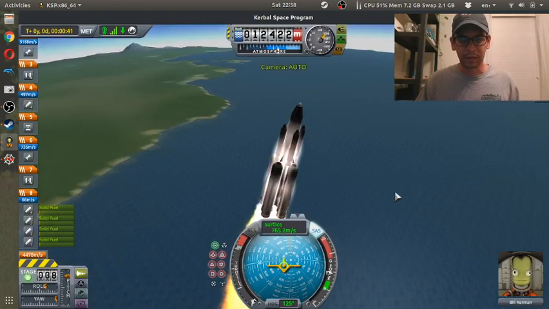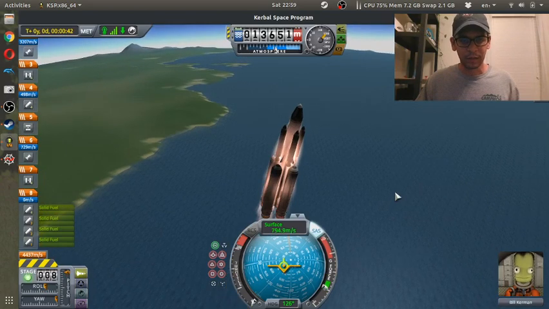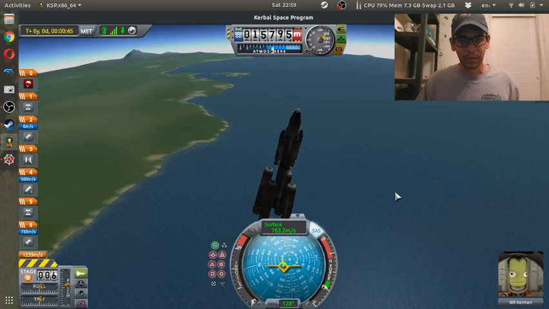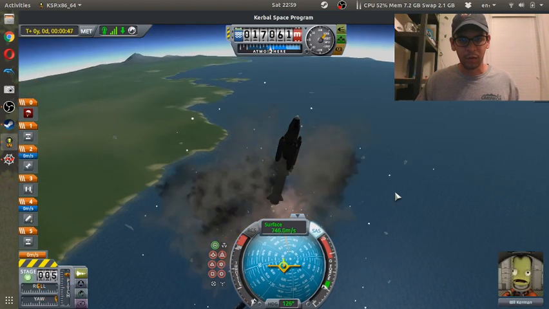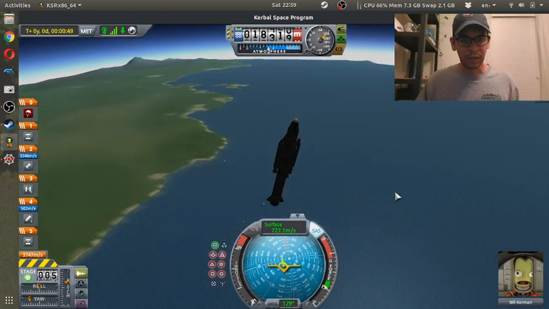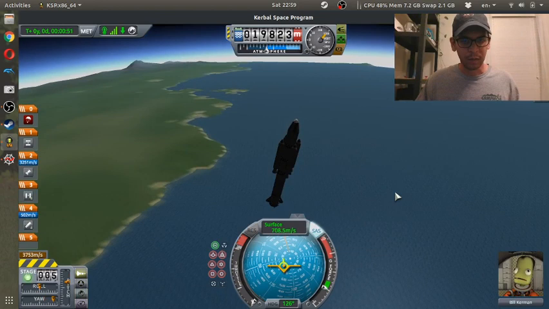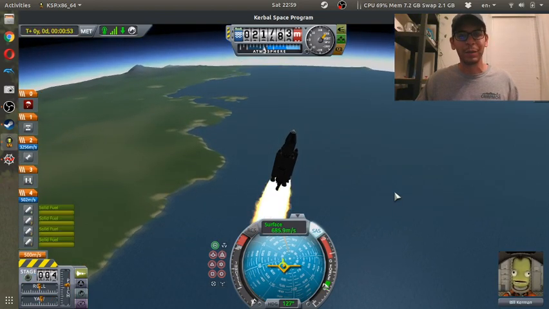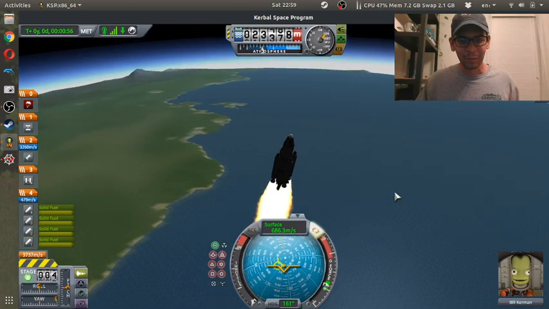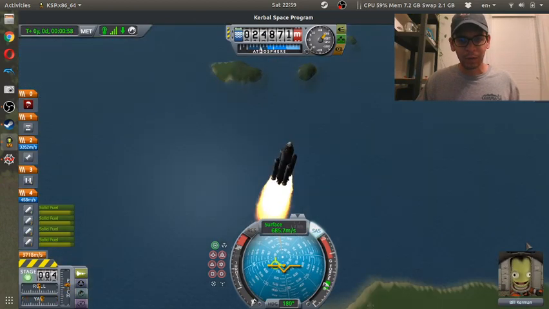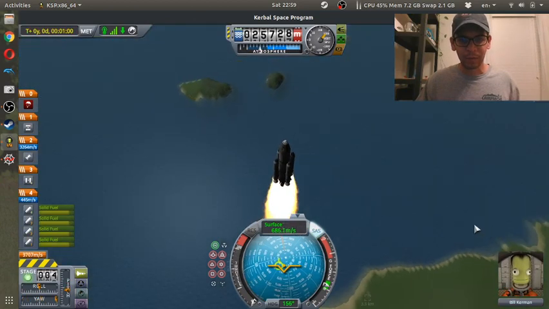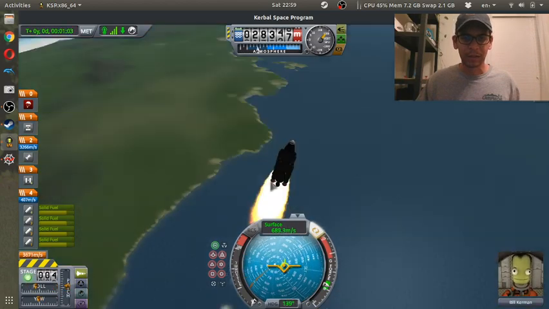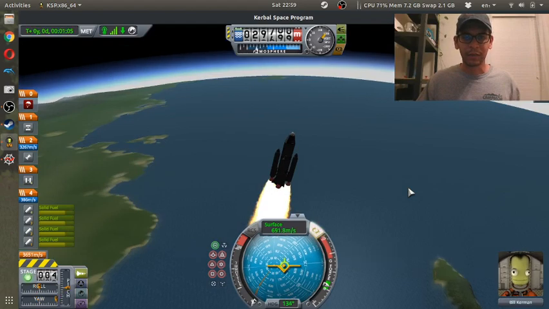Like I said, if I screw up, it's okay. Okay, so there goes the solid rocket boosters. Let's get rid of those. Oh gosh, and then I blew up. Did I blow up my main engine? I blew up my main engine. You need to rotate so I can actually pull this guy.